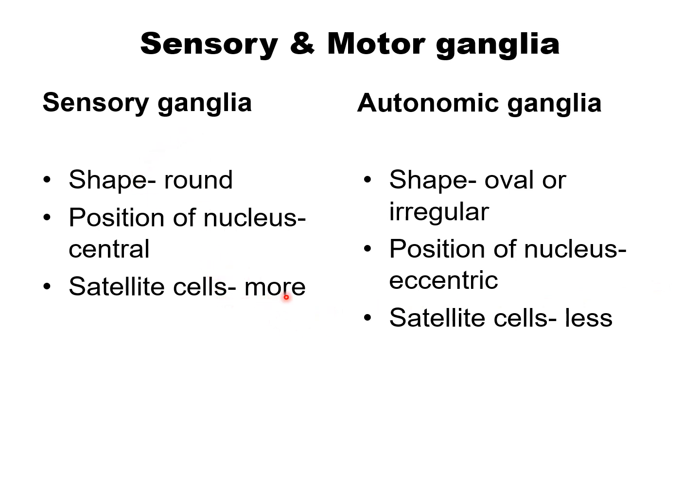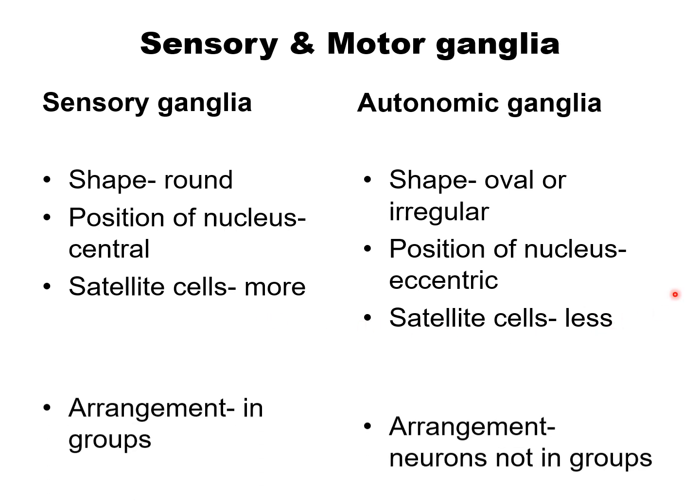The satellite cell function is to give support, metabolic support and physical support. As these neurons are very large, they need more satellite cells for their metabolism. And in the autonomic ganglia, the number of satellite cells is less.